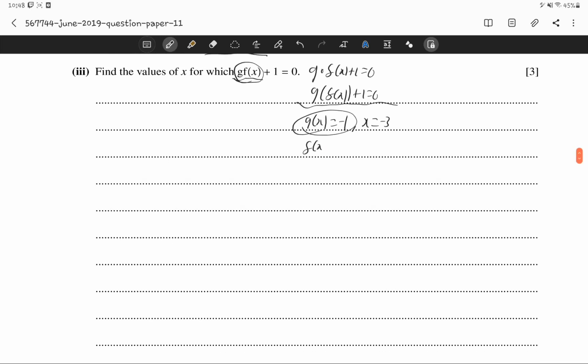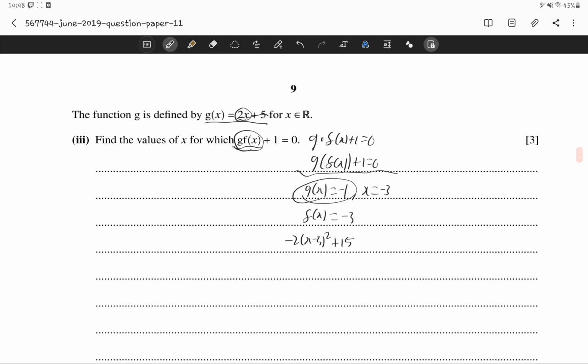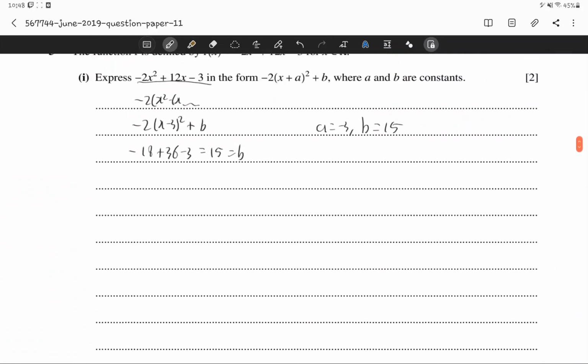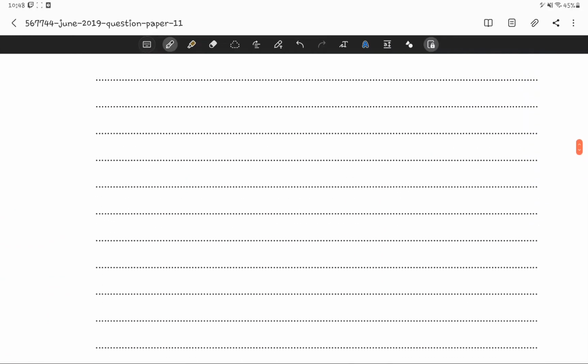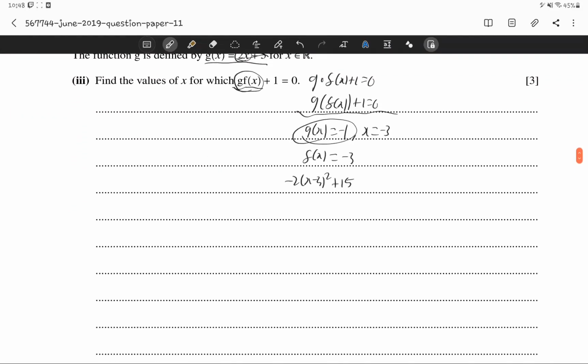So what x makes fx equal to minus 3? Fx was minus 2x minus 3 squared plus 15. Minus 2x minus 3 squared plus 15, equal minus 3. Okay, yeah, I think this is right. Let's see.